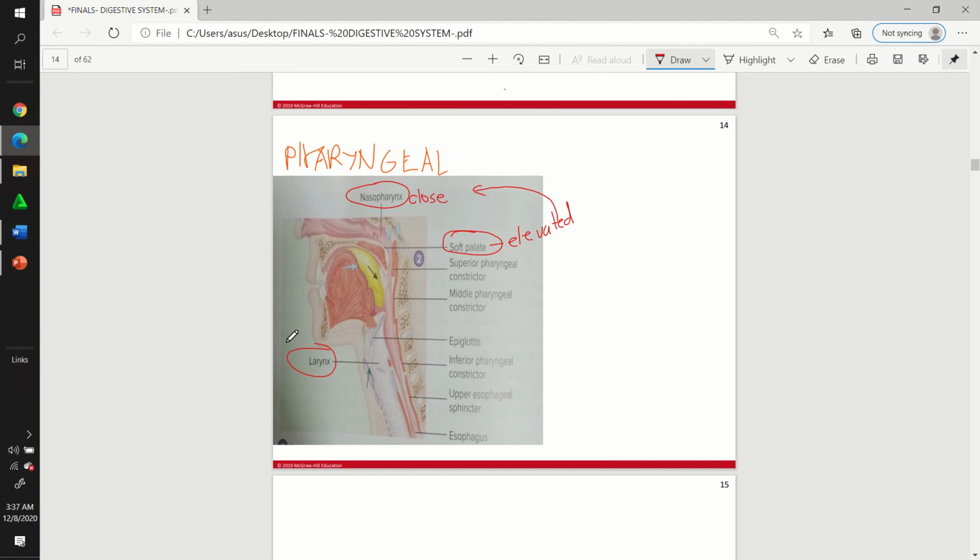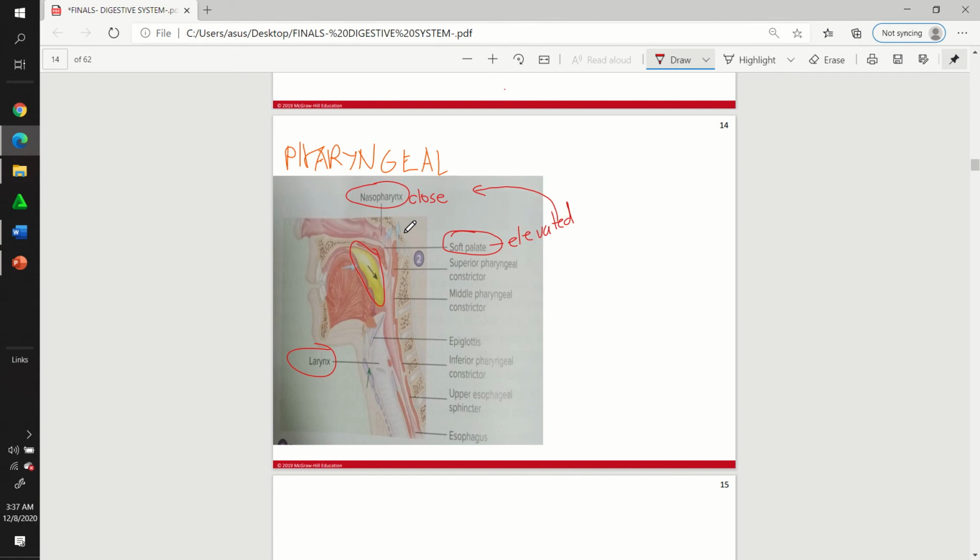In other words, what happens to your pharyngeal phase? Pharyngeal phase of swallowing is controlled by a reflex. This phase is initiated when a bolus, a mass of food, stimulates the receptor in the oropharynx.